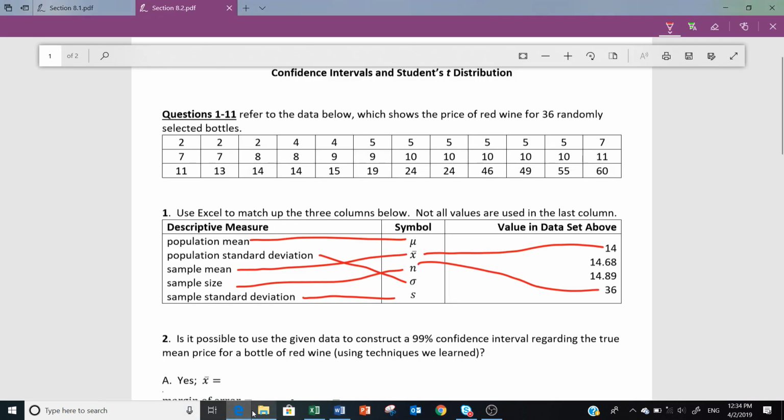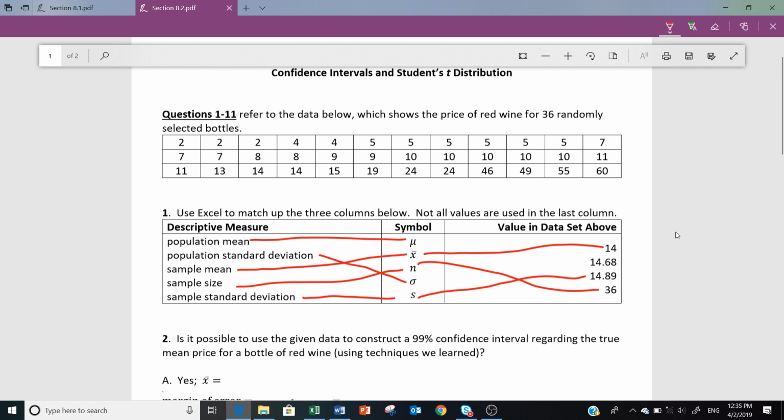Does that mean sigma is 14.68? Or that could be population. We just don't know. Do I have the population? No. So can I figure out what mean and sigma are? No. So do not draw any lines to 14.68 because we don't know what the population is.